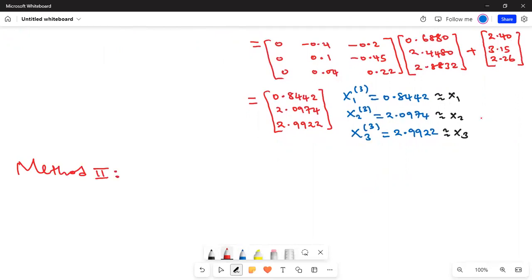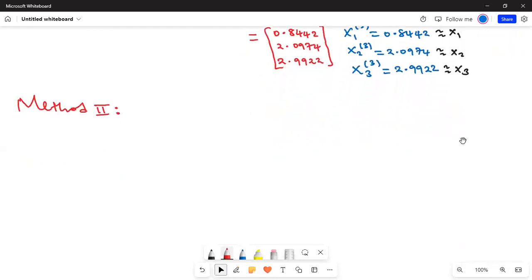Here, we don't need to write the system in matrix vector form. Let me explain what happens in this case.